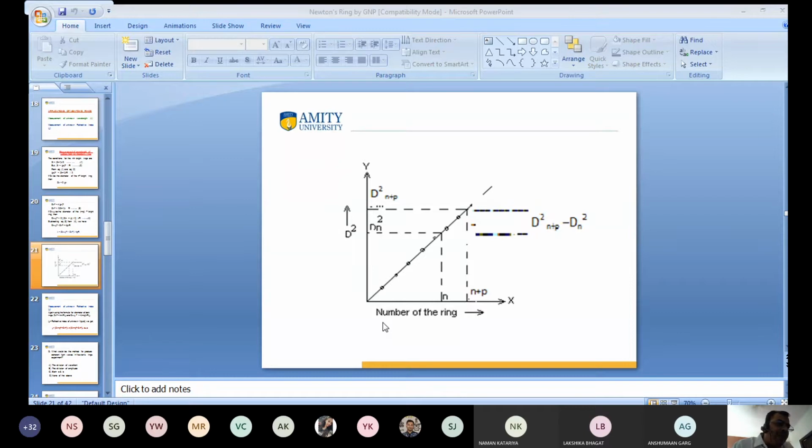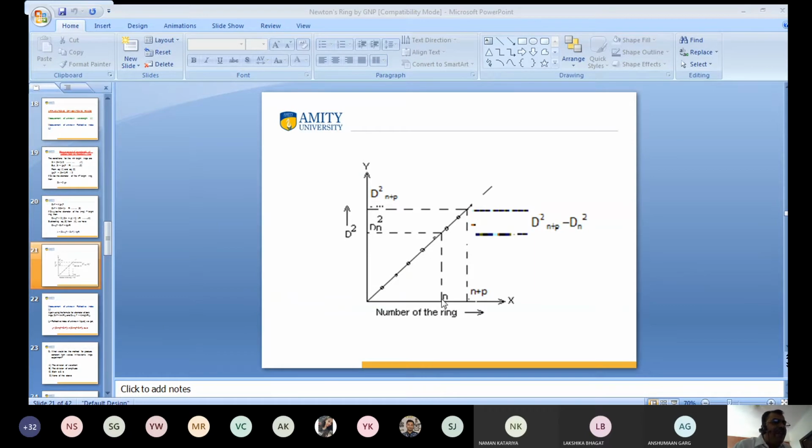Have you seen the screen? Suppose this point is n, where the nth bright ring is formed. This is n plus p, meaning more than n. This will be n plus 1, this will be n plus 2, this will be n plus 3, and so on.